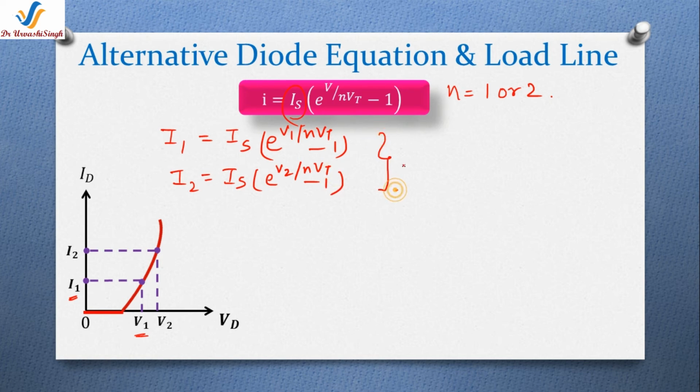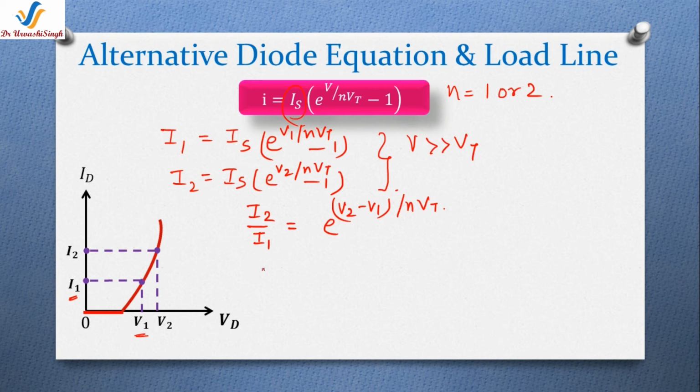Students, if we are talking about the forward characteristic, then the diode voltage is very much greater than the thermal volt equivalent, so we can ignore this minus 1 factor. Now rearranging these two equations, we have I2 upon I1 equal to the exponential of V2 minus V1 upon N Vt.